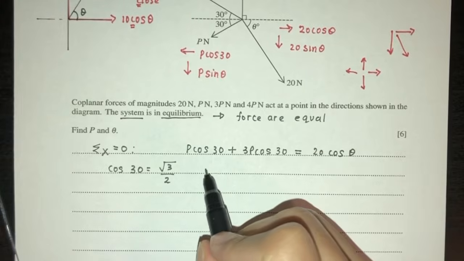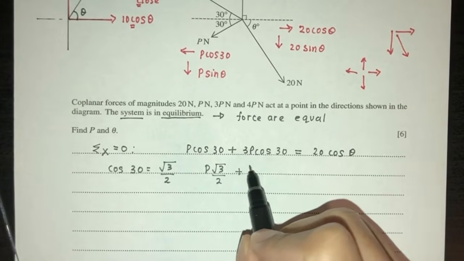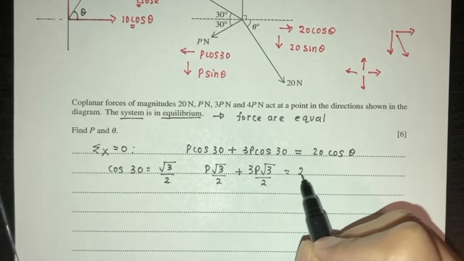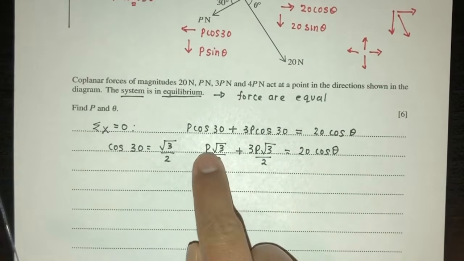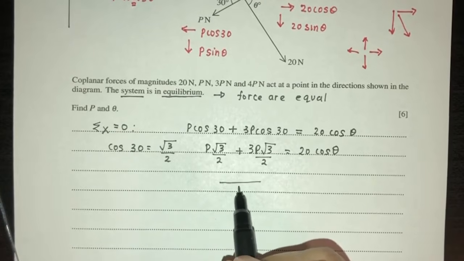Now replace. You have p times root 3 over 2 plus 3p times root 3 over 2 is equal to 20 cos theta. Now these two you can add together. They also have the same base, so we have the base of 2.